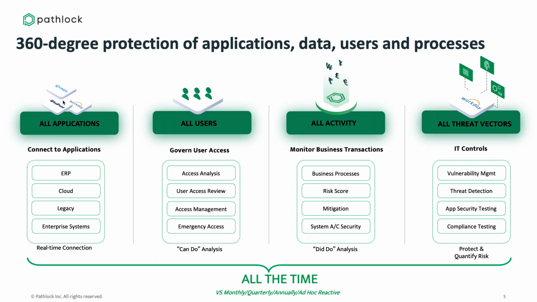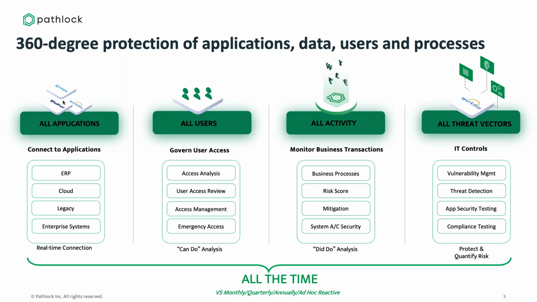And you might wonder, what's the difference? When we're talking about the applications, it's all applications. It's your on-prem, the cloud, legacy, your ERP systems, and we've got connections into all of those systems. When you talk about governing user access, for example, what we're able to do there is really show you what users can do, whether it's emergency access, the user access review, all of those types of things.